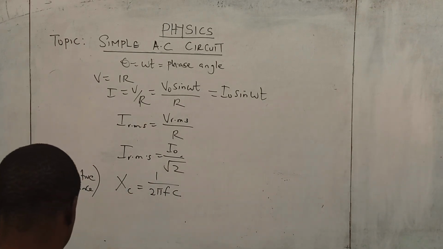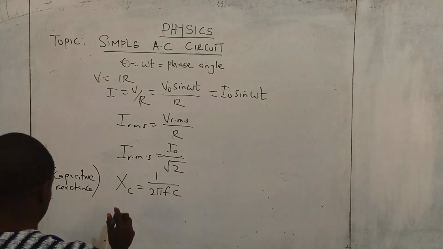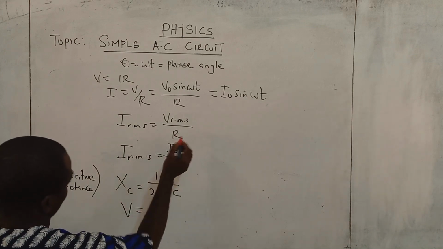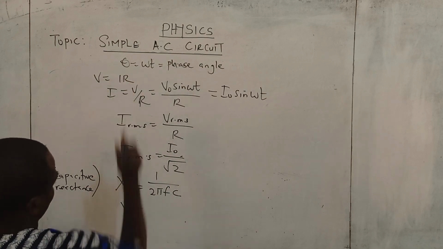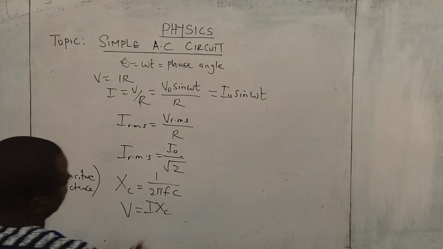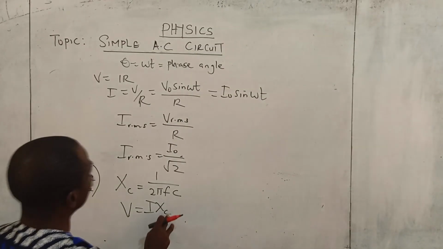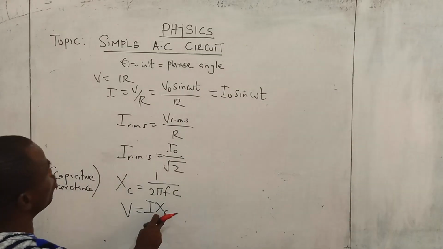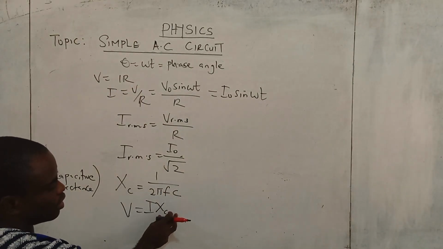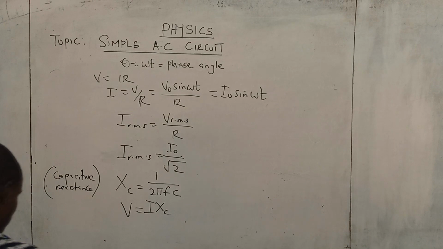Take note, that formula is very important. Also, we have V equals IR, and when you are dealing with capacitance, you can say V equals I Xc. The unit of capacitive reactance is ohms, and the unit of resistance is ohms.